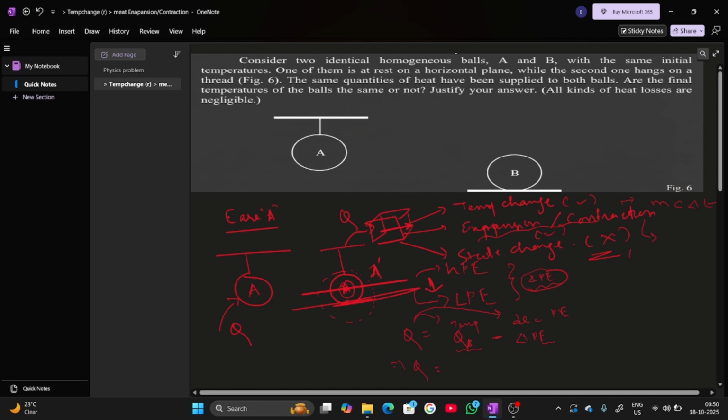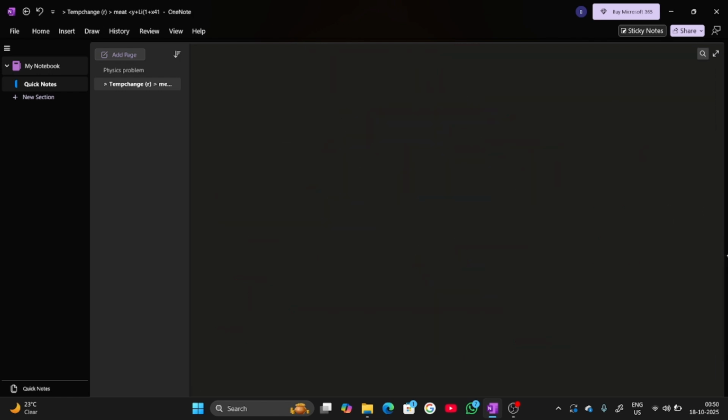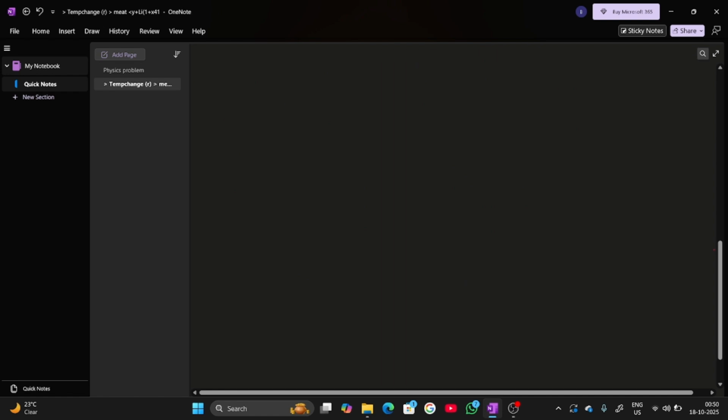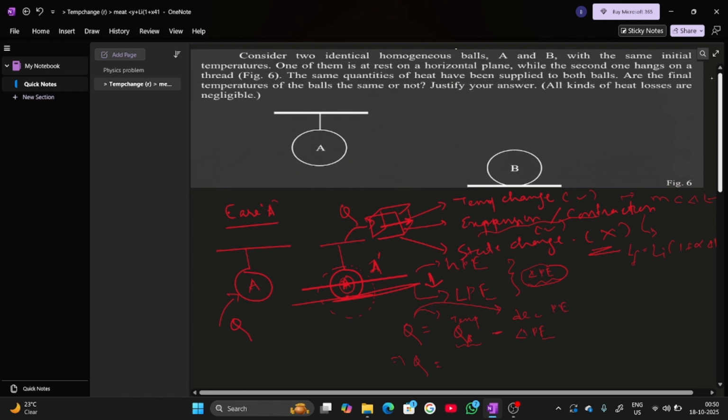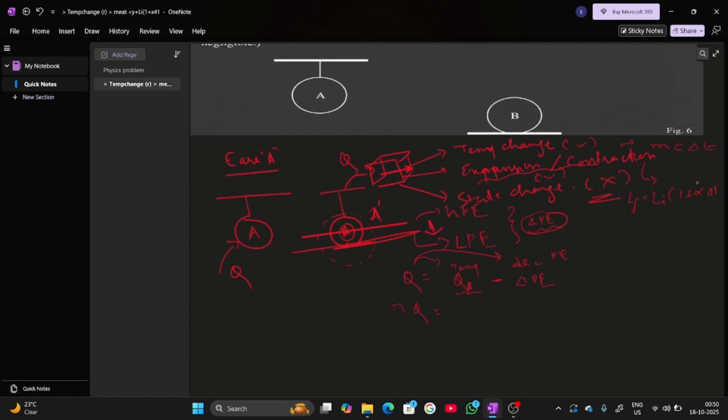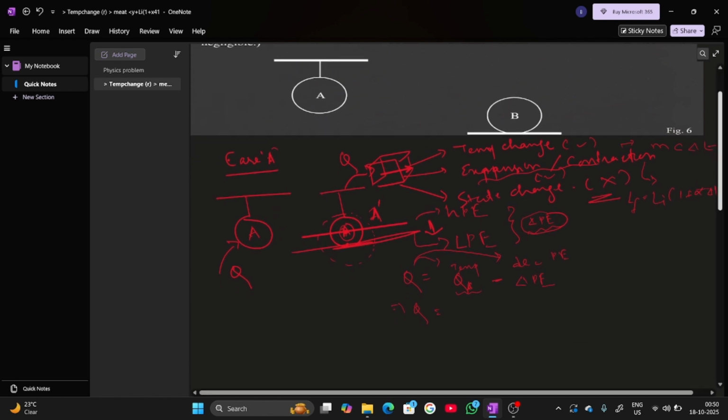So I can say L_f equals L_i times (1 plus alpha delta T), where alpha is the linear thermal expansion coefficient.